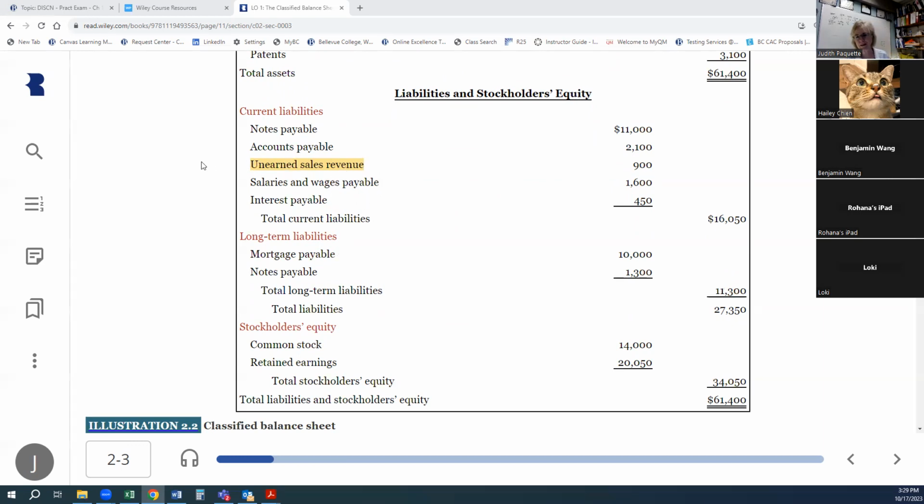And then the one account that doesn't have payable here is unearned revenue. And you just have to know that one is a liability. So, and then a subtotal for current liabilities. And then here's your long-term liabilities and a subtotal. And then here's your common stock and retained earnings and a subtotal. And then total liabilities and stockholders' equity.